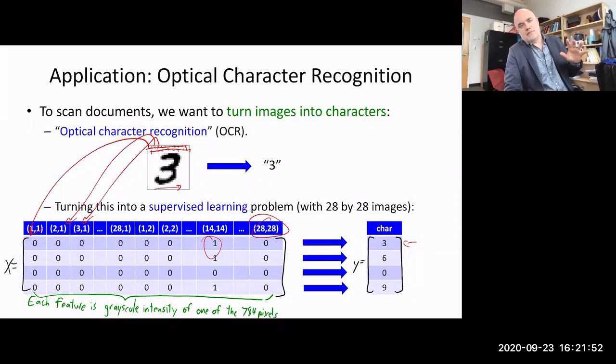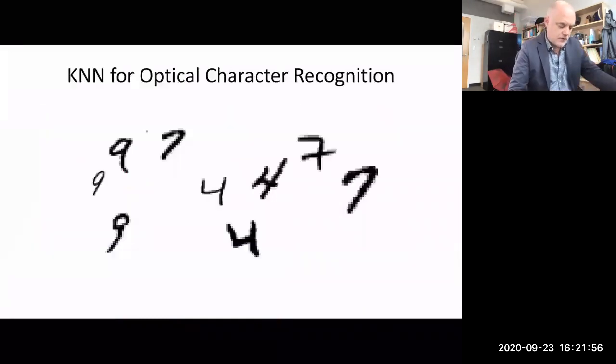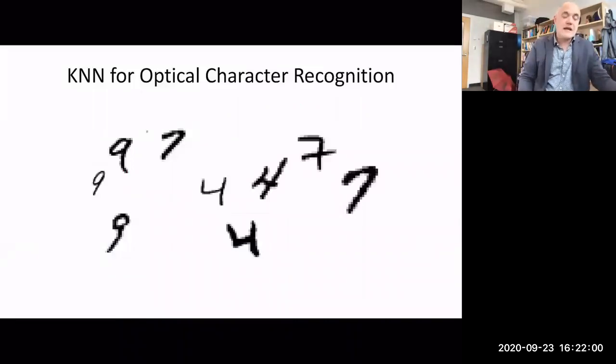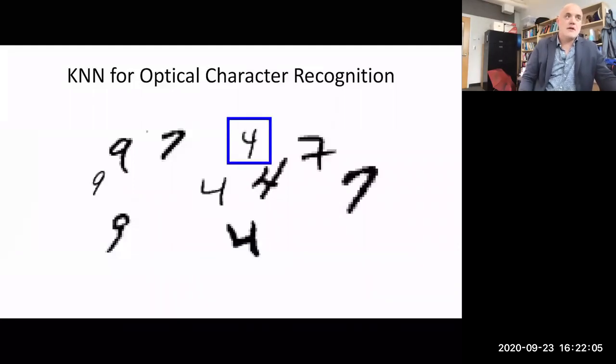But it's worth introducing a couple of things we're going to think about throughout the course. We'll introduce the concept by thinking about k-nearest neighbors for this application, where let's say we have a query image and we'd like to decide what character it is a picture of.